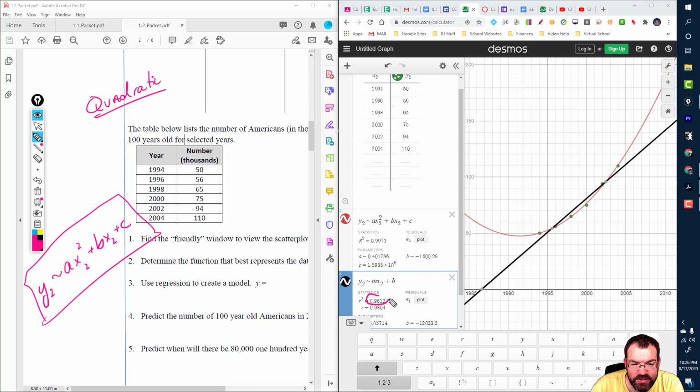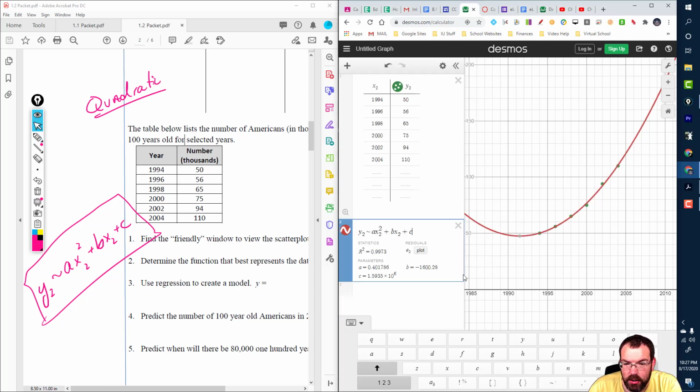This is at 96%. Maybe you can get better. That's ultimately what I did. I got 99% versus 96%, so obviously this one's better. So I'm going to delete the linear one. Gone.